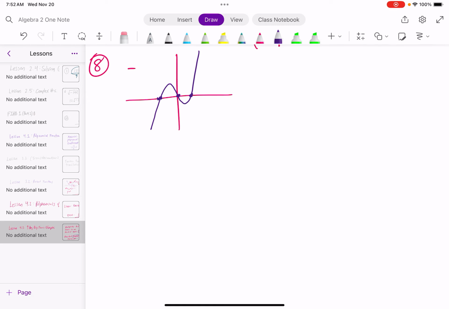I think you guys could do this on your own. I'll give you the answer for 8. The function has 3 zeros, as you can see. The x-intercepts are -1.4, 0, and 1.4.